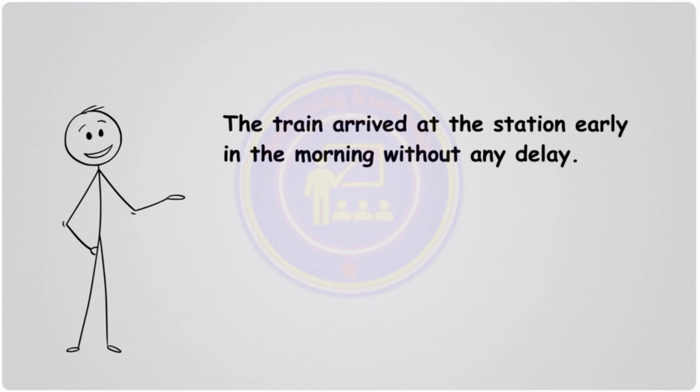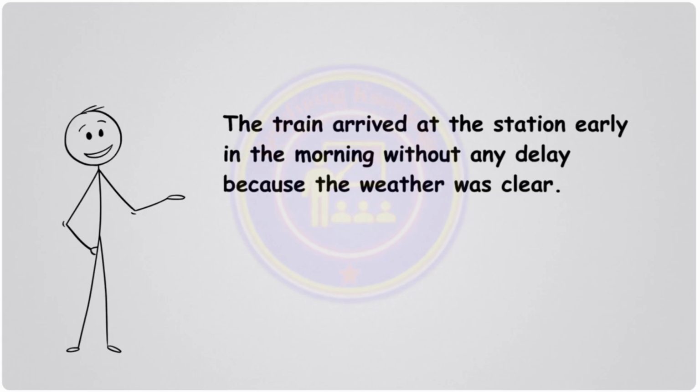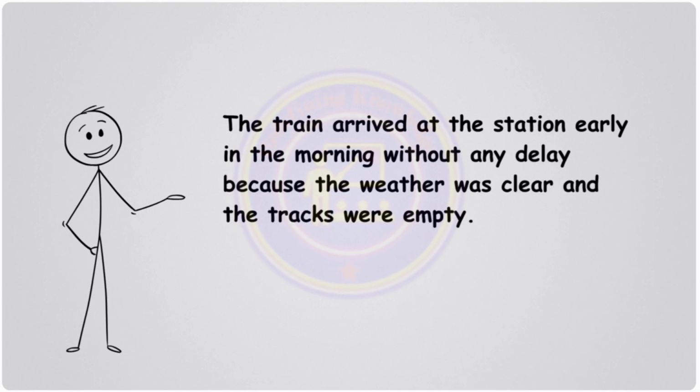Next, we add a phrase that tells reason. The train arrived at the station early in the morning without any delay because the weather was clear. Finally, we add a phrase that gives extra detail. The train arrived at the station early in the morning without any delay because the weather was clear and the tracks were empty.